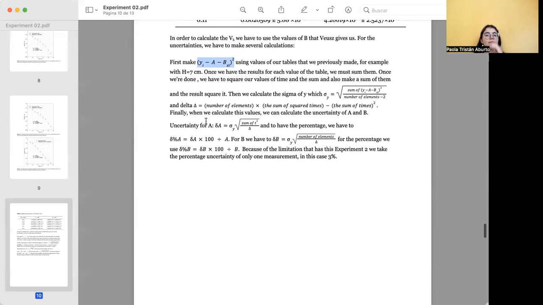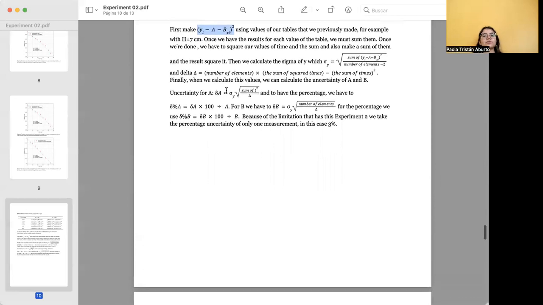Then for delta, we use this. We have to multiply the number of elements of our table times the sum of the squared times minus the sum of the result of the times squared.